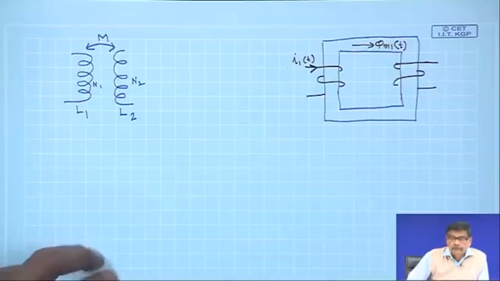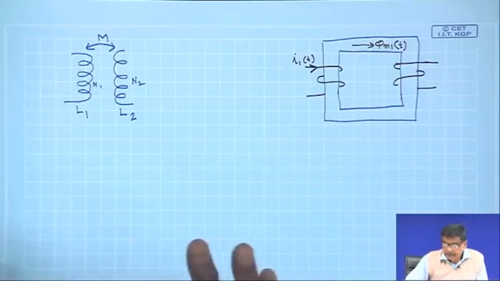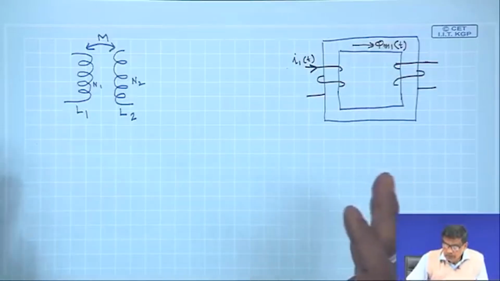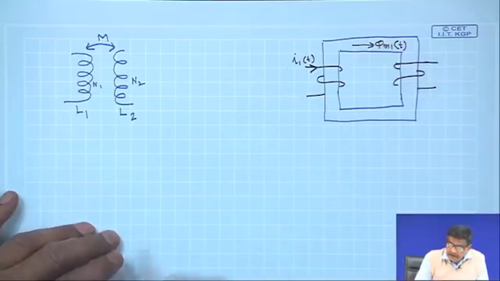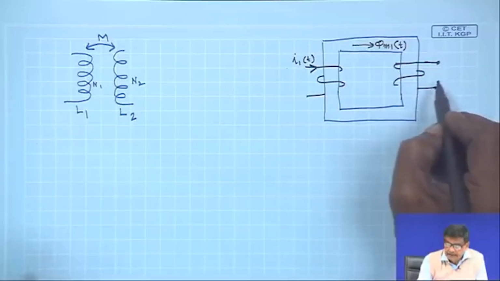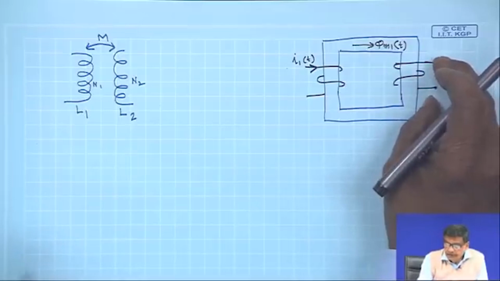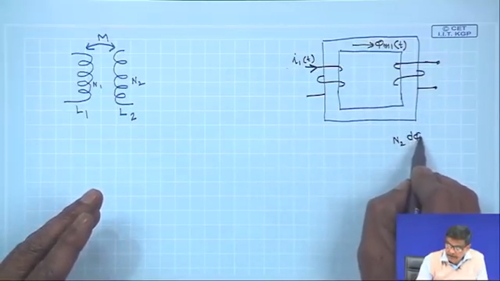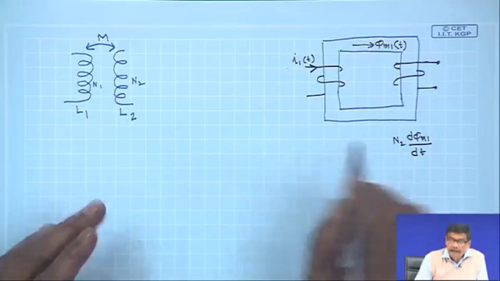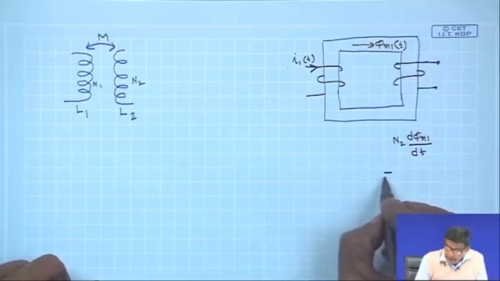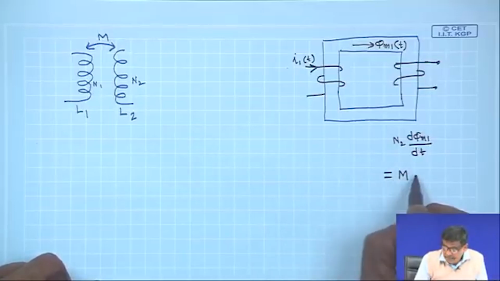So, if I1 changes with time, phi M12 will change with time, and therefore, Faraday states that across the 2 terminals of the secondary coil you will expect a voltage N2 d phi M1 dt, and this can be shown to be equal to M dI1 dt.